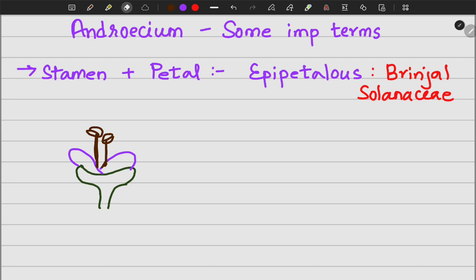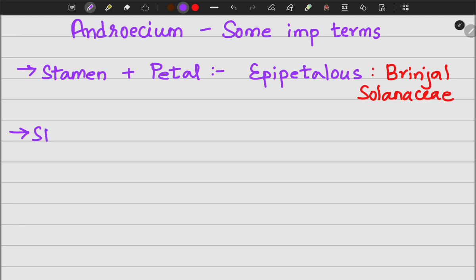Now, sometimes the stamen is found attached to the perianth. We also studied about the perianth. If you remember, when the sepals and petals are not distinct, when you cannot differentiate between a sepal and a petal just by looking at it, they look like a single unit, they have the same color.